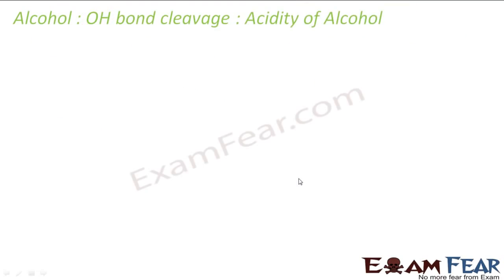the acidity of alcohol. See, alcohol is actually amphoteric. This we have seen. Right? It is both acid and base, weak acid and weak base. I can take one example of weak acid.